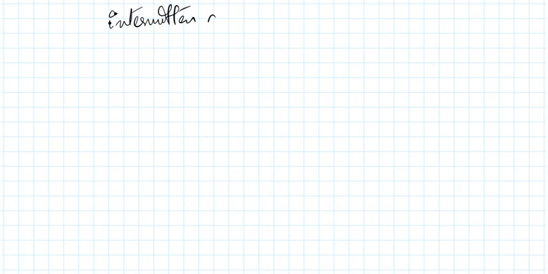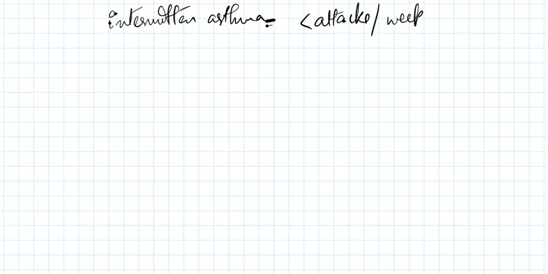What is meant by intermittent asthma? You should know the definition of intermittent asthma because you will get a question like this. Less than 2 attacks per week. If the patient gets less than 2 attacks of asthma per week, it is intermittent asthma, in which you can use long acting beta agonists like salmeterol and formoterol as relievers.